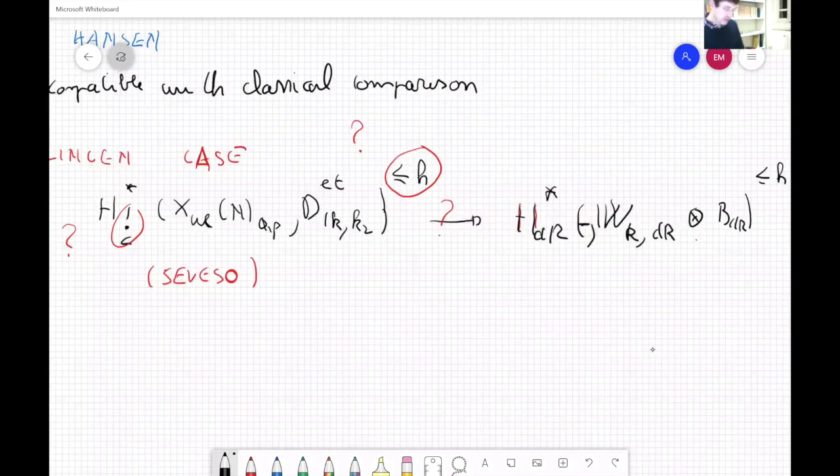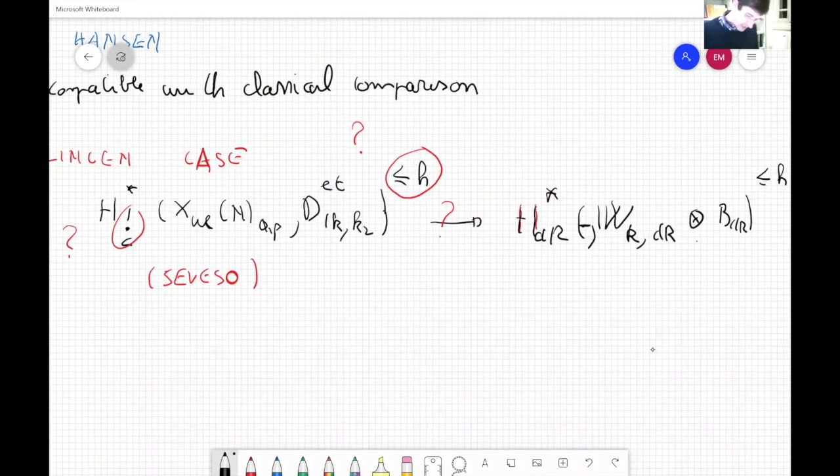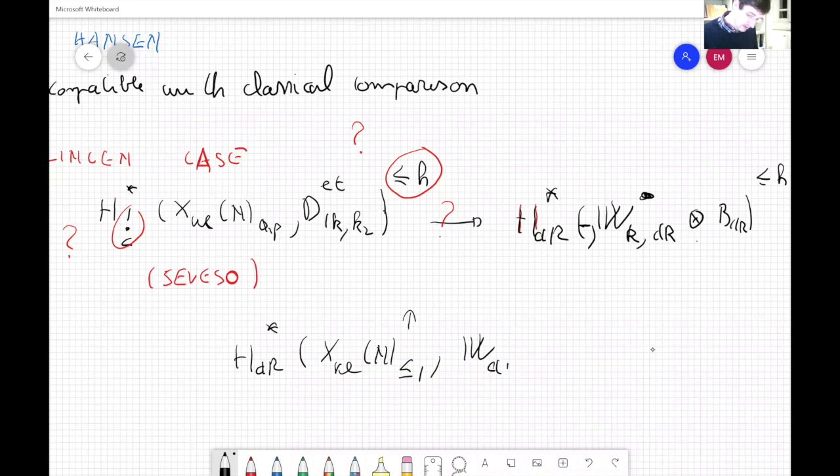But let me just make a motto, and the motto is that if you take the cuspidal part, this has a slope decomposition.